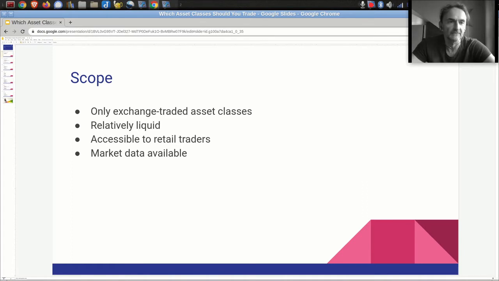So I personally often recommend IB, Interactive Brokers, to get started. I'm not affiliated with them, by the way, but they have relatively low fees, good API, and a few other things. So usually I talk about the asset classes that are available through Interactive Brokers because this is where a lot of traders start. And finally, we would like asset classes where we have market data available, because if you are somehow into quantitative trading, then you would really like to have some market data.